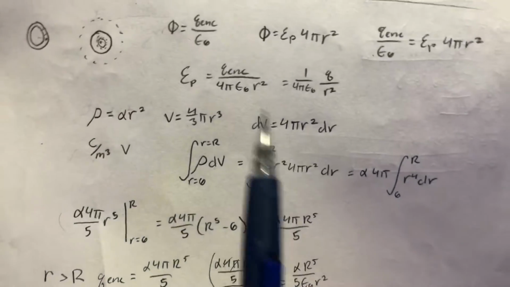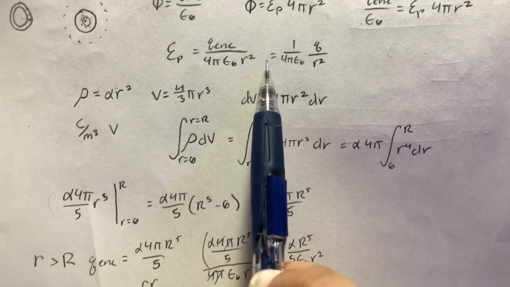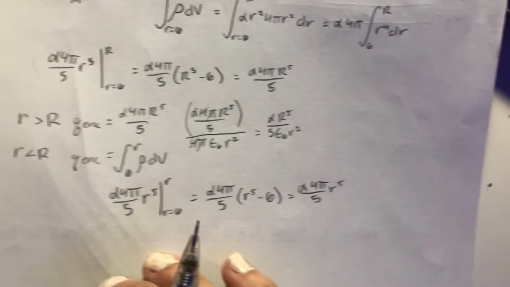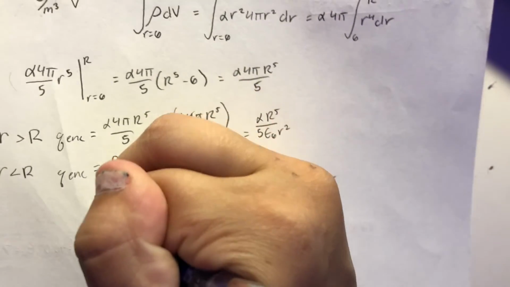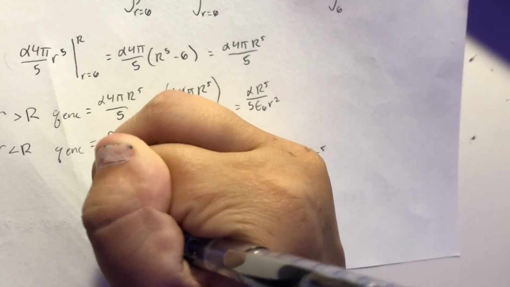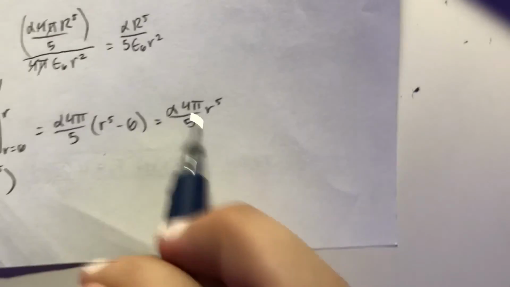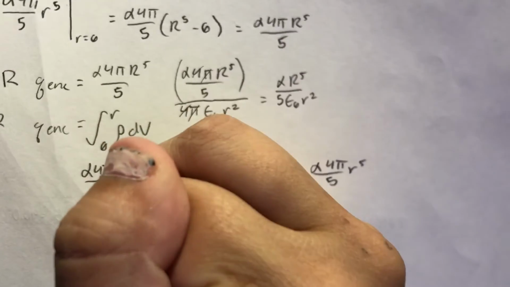We still have to divide it by this 4 pi epsilon naught r squared to get our electric field at that point. So it's going to be our alpha 4 pi r to the 5th all over 5, because again, that's our Q enclosed. That divided by 4 pi epsilon naught r squared.